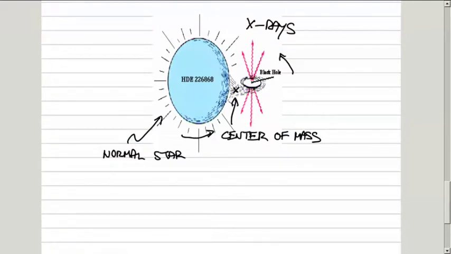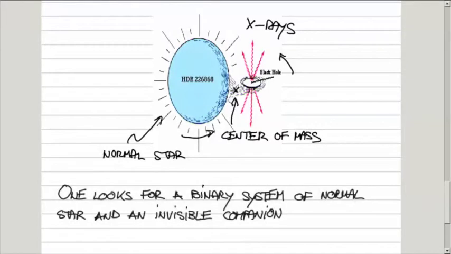So then, in order to detect them, one looks for a binary system of a normal star plus its invisible companion, which has a mass of at least 3 solar masses.